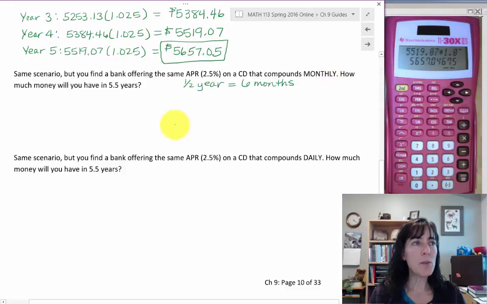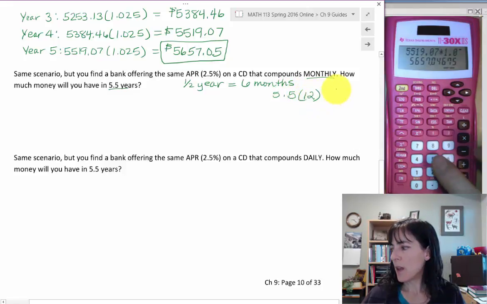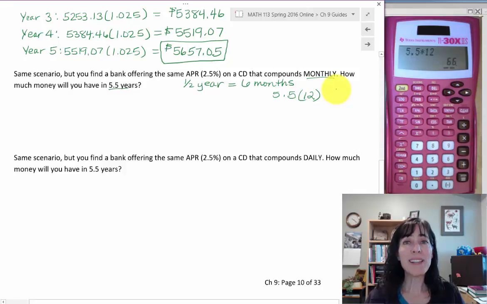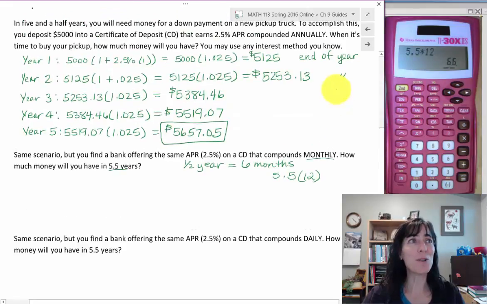And so let's think about how many times we're going to have to do this calculation for 5.5 years, and we have to calculate the interest every month. So we're going to have 5.5 times 12 months per year. That will be 66 times that we have to do this calculation like we did for the annual.